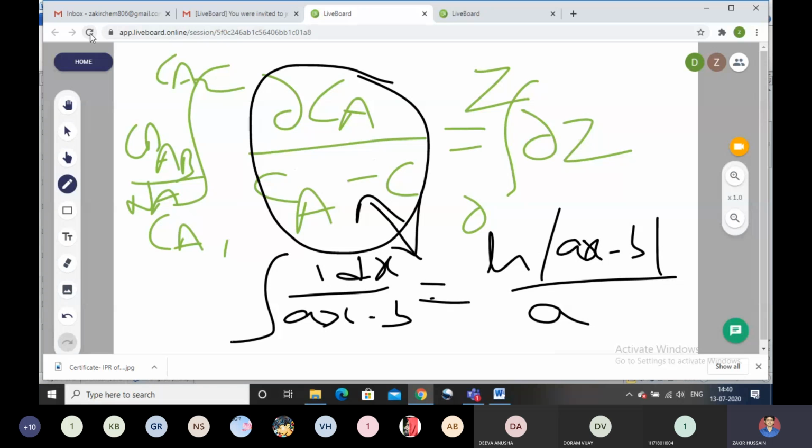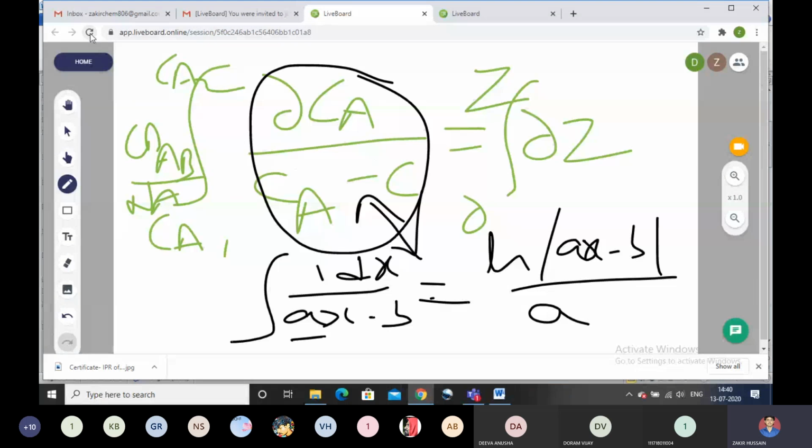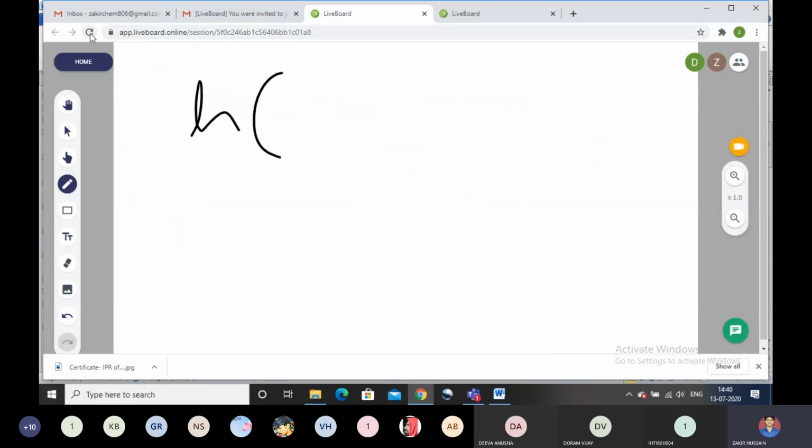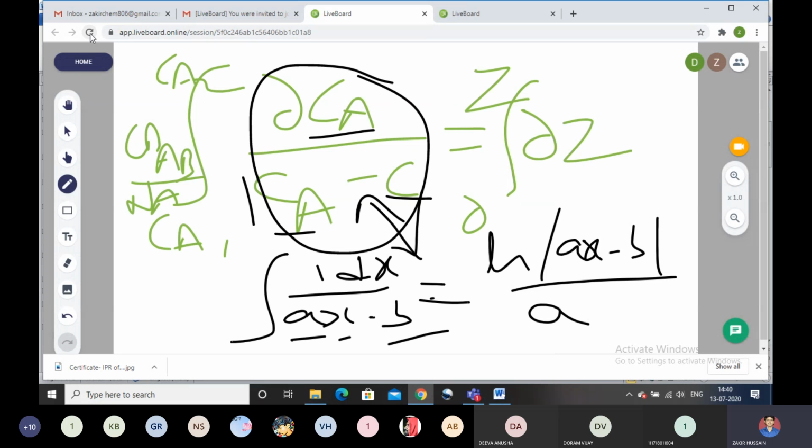Here a is nothing but 1, x is Ca, dx is dCa, b is capital C. Then we can substitute ln (Ca minus C) divided by a, which is already 1, so we need not write that.